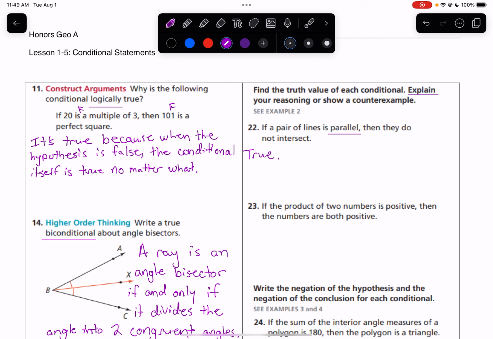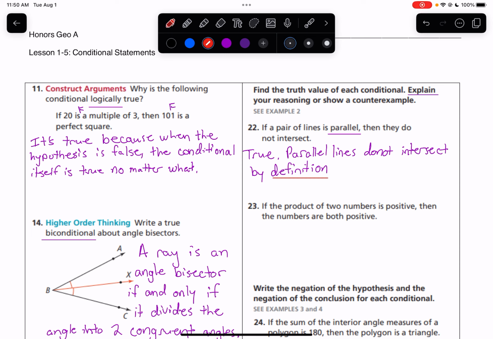We can say parallel lines do not intersect by definition.